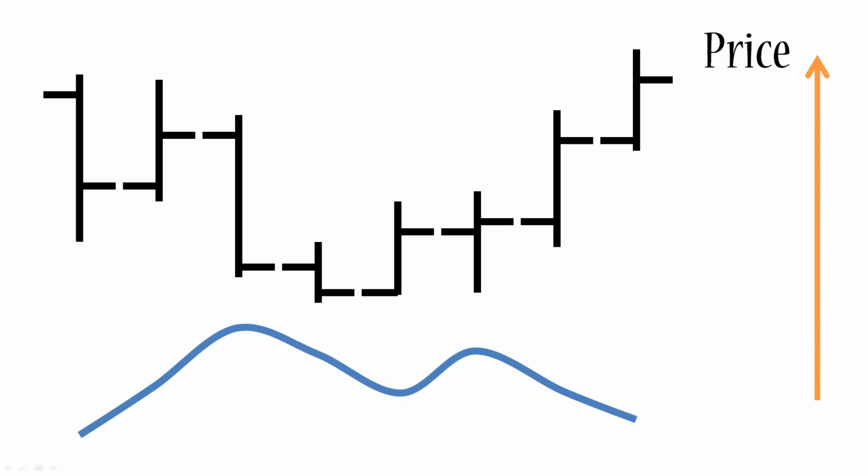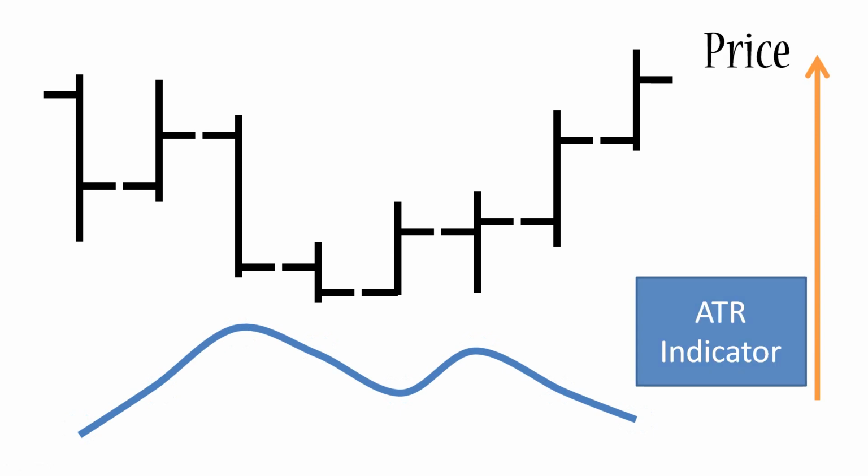So now what we've actually constructed is the average true range indicator with a period of 4. You can find this indicator in MetaTrader 4 and drag it onto your chart, and you'll see exactly this picture.